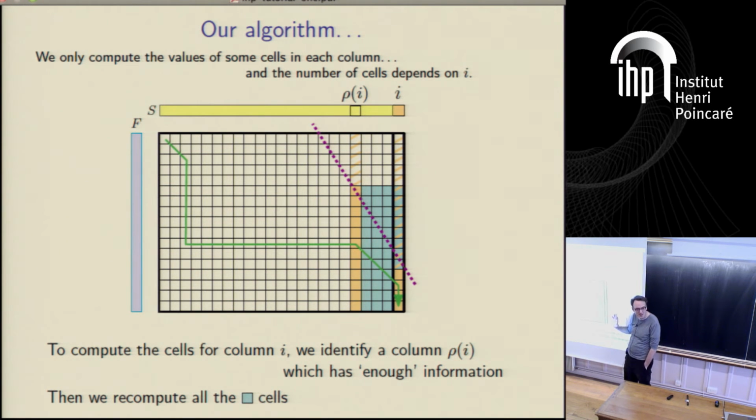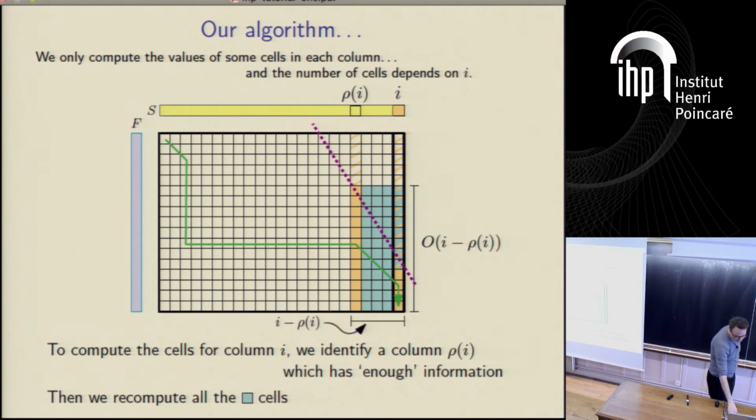So this is important to understand. This is where the magic of the cell probe model is coming in. We just need to read this in, read that in, and then we get this immediately. So how big should these things be? Well, remember this is a position row I, so this width here is going to be I minus row I. And the trick we're going to do is balance this so that the height of this column, when compressed, is proportional to I minus row I as well.